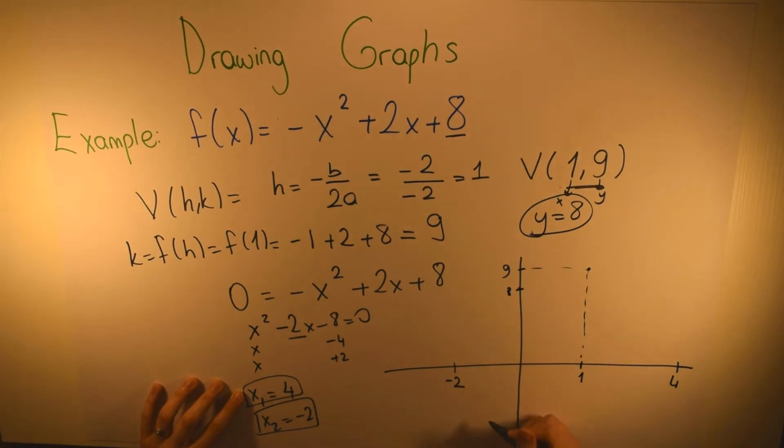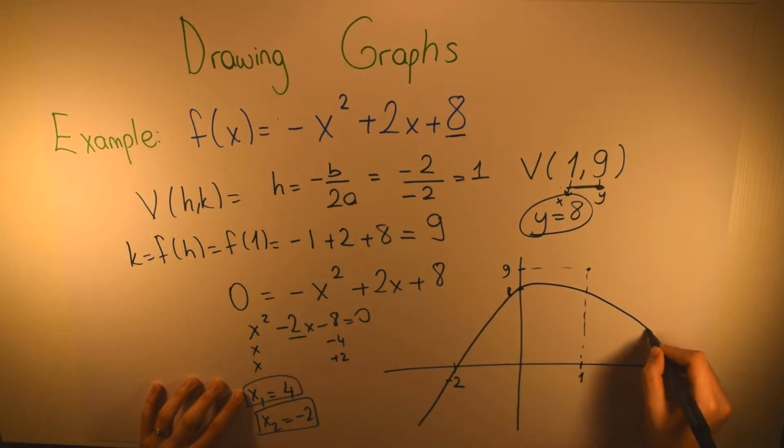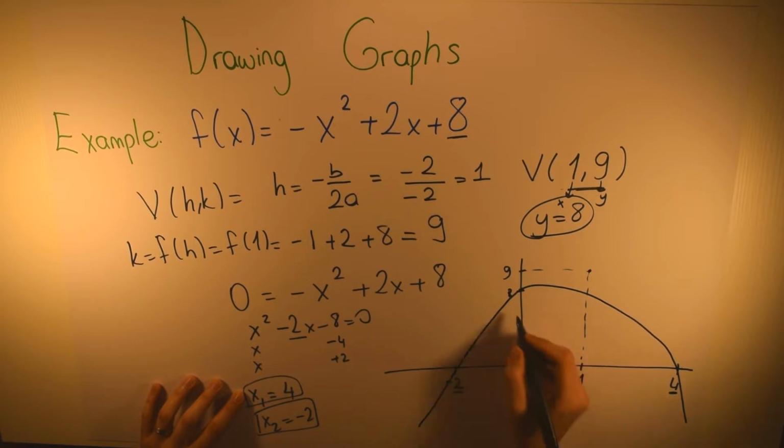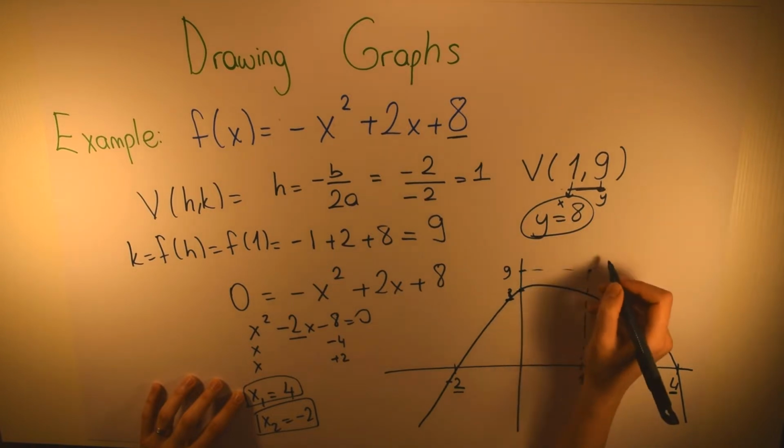So this parabola will pass through these points, and it will be something like this. Sorry, I couldn't draw it very well, but it has to pass through these roots and this value of y, okay? It will be something like this. This is your vertex point.